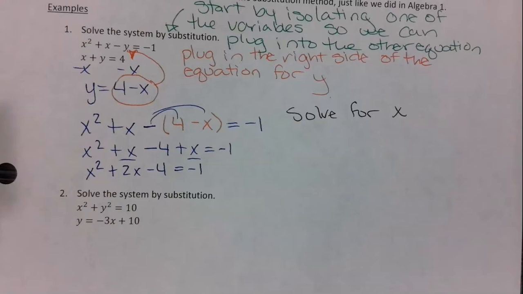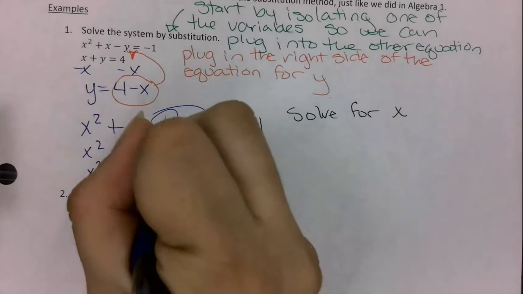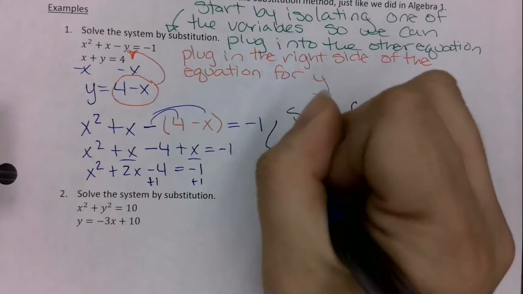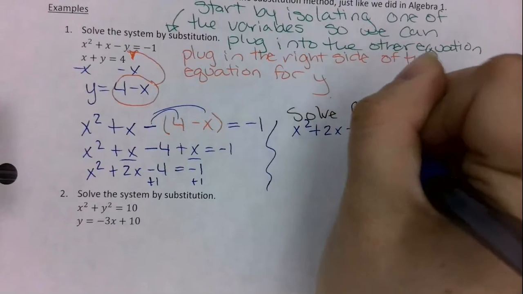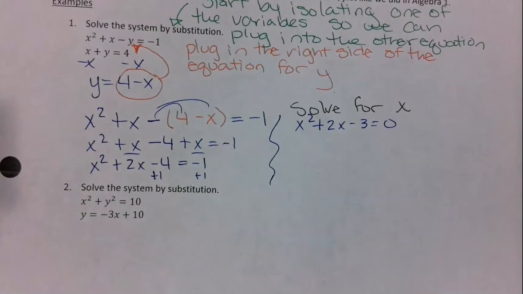I don't want to move the 4. I want to move the other one, because then I can factor it if I move the other one. Yeah, I want to move the 1. So then I have x squared plus 2x minus 3 equals 0, because I moved the 1. Okay, then what?